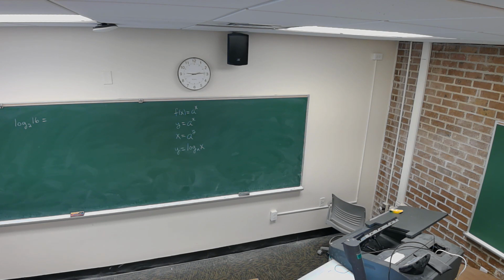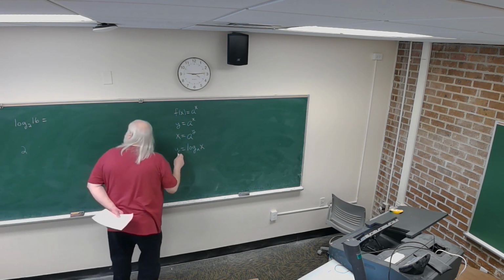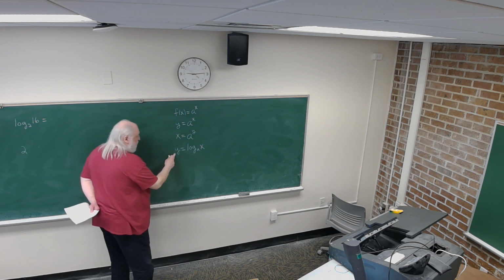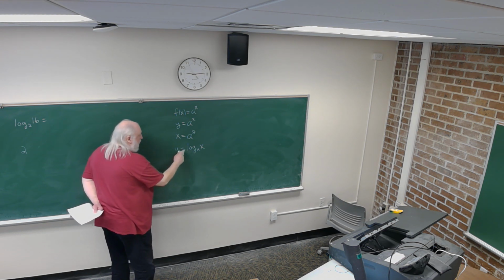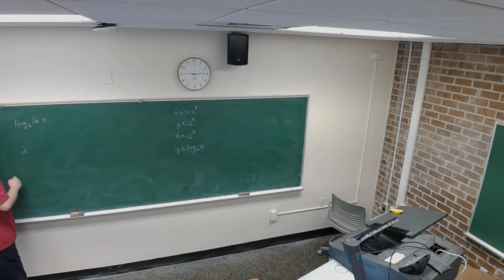So what we're asking is, remember, this logarithm is equal to some value of y that equates a to the y to x. So one way of looking at this is equal to y, so converting to exponential form, 2 raised to the y power is equal to 16.